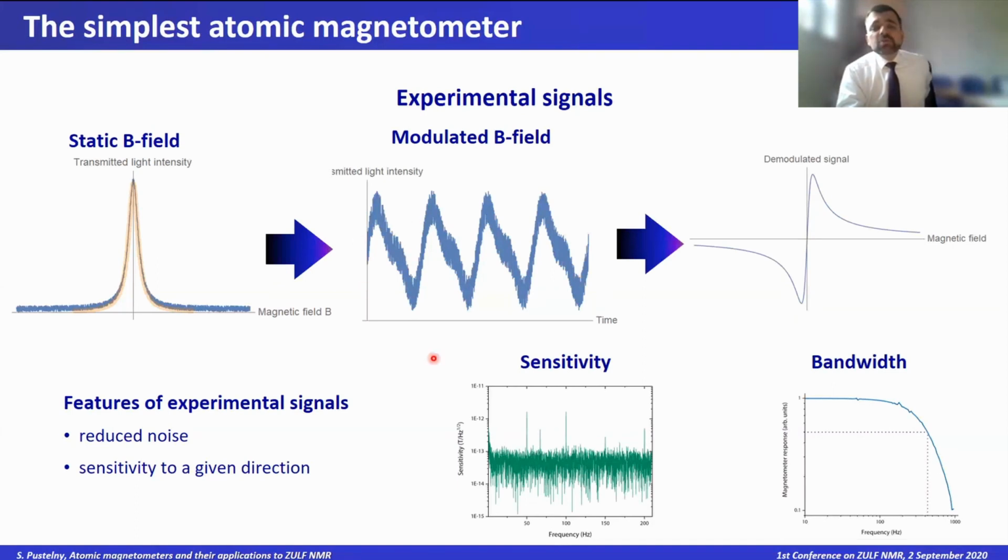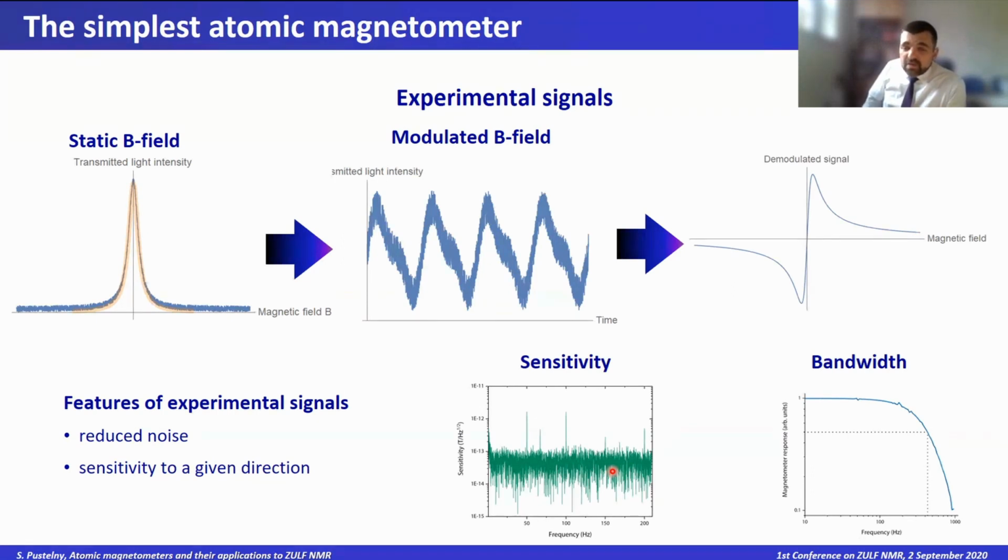Now you are demodulating the signal at the modulation frequency, and you observe a very nice, very low noise signal that you can use for magnetic field measurement. So you reduce your noise and you can increase the sensitivity. This is a plot from our magnetometer that operates exactly on this principle.